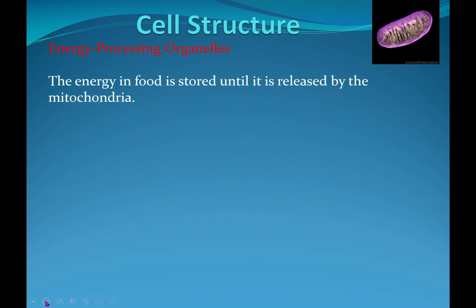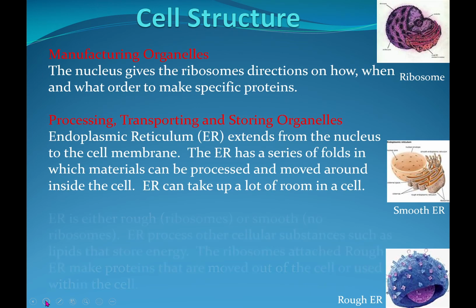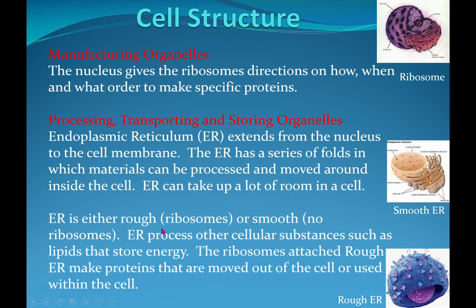Okay, let's cruise on back to where we were. Good. Now ER is either rough, with ribosomes, or smooth, with no ribosomes. ER processes certain cellular substances like lipids, which are fats that store energy.